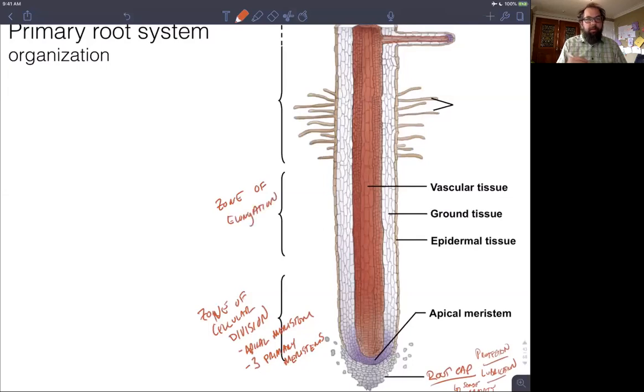So if you think back, remember I just said that plant growth is really two processes: cell division and cell elongation. So these are happening in these two zones that I've told you are responsible for all of that plant growth. So the zone of elongation is the zone that's responsible for pushing this root through the soil.